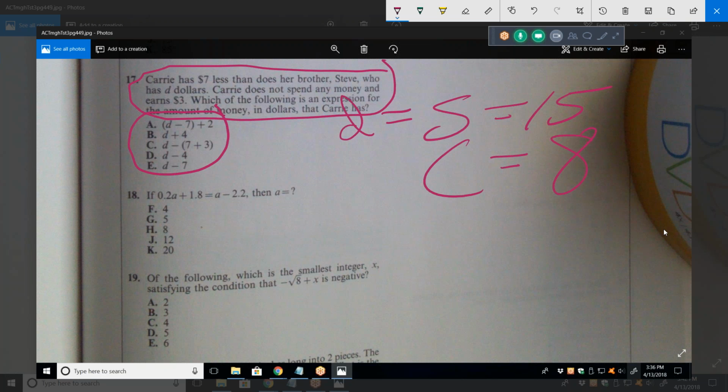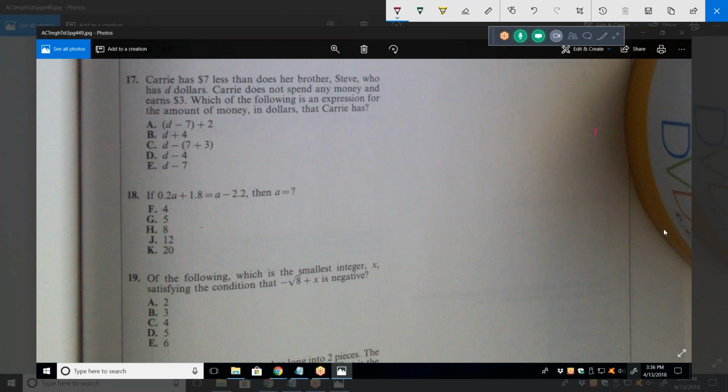Okay, let's get this straight. This is a very, very important principle. So let's say I did choose 15 instead of 10. D is Steve's amount, which is 15.